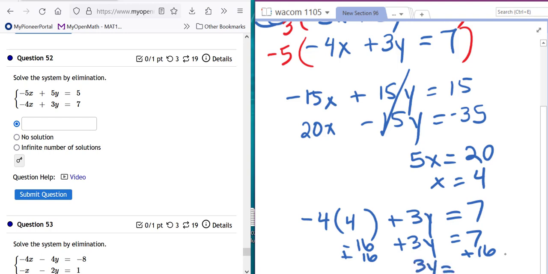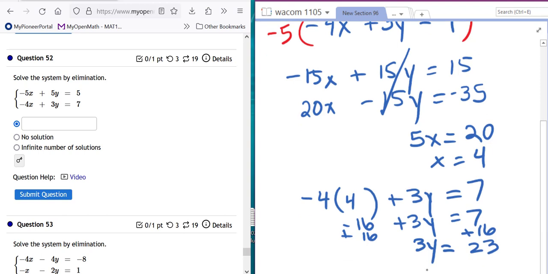So 3y is equal to 23. All right, and so I have to divide by 3. So y is going to equal 23 over 3 if I did not make an error. So this is 4 and 23 over 3.